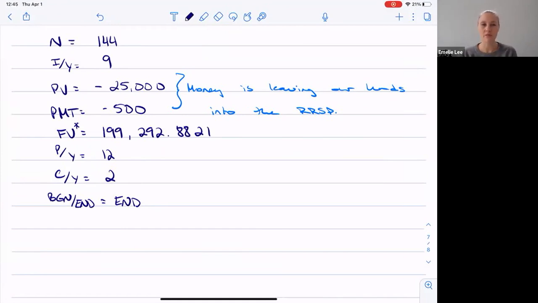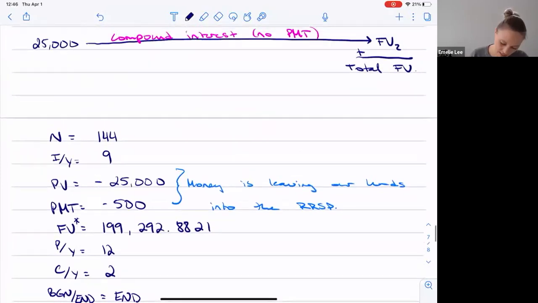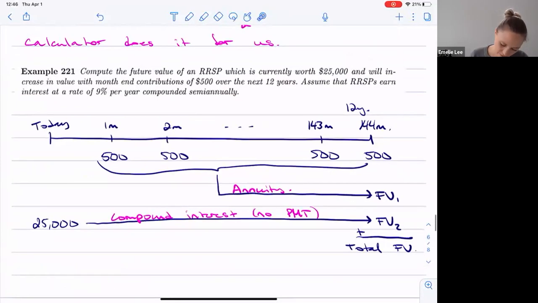It being positive is just telling me that, okay, the idea of investing into an RRSP is you're investing, and then at some point, the future value, you can take it back and it's yours, right? And so that's why it's positive. So compute the future value.